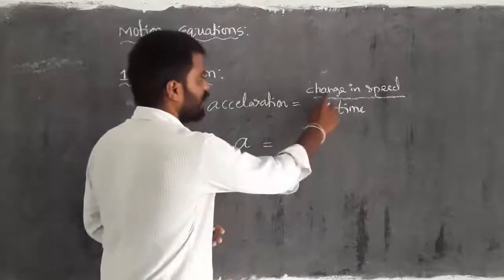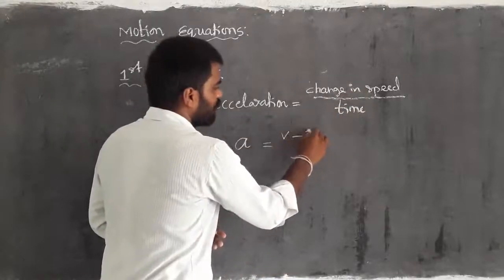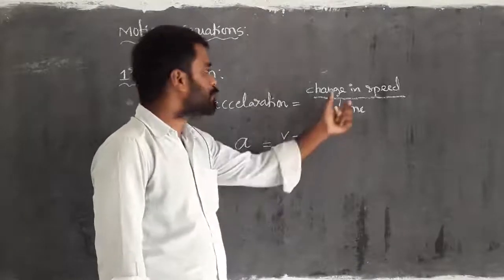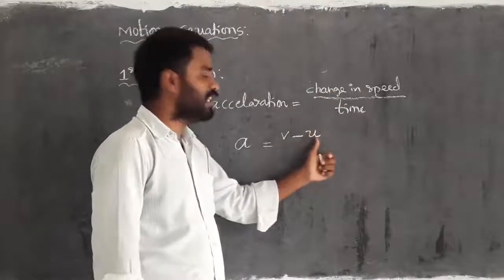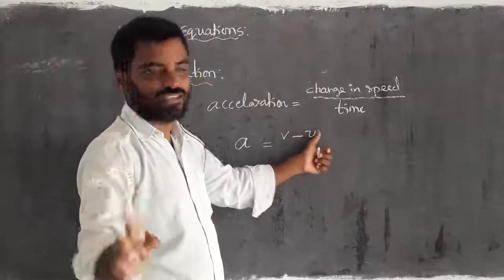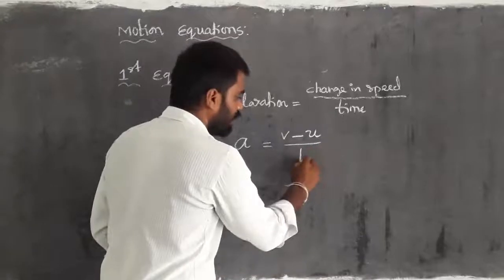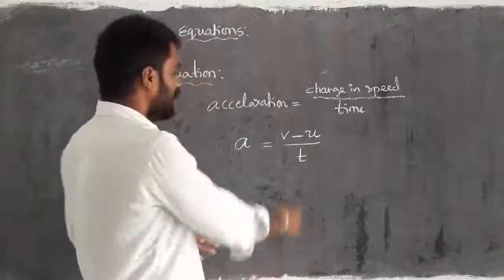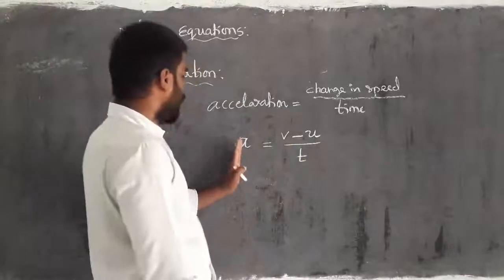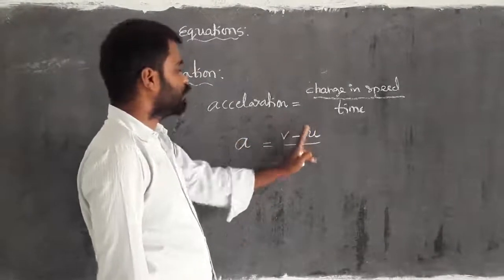For that, the change we can write like this: v minus u means the change in speed, final speed and initial speed, or final velocity and initial velocity. That we have to divide by t, the time taken for the change. So acceleration we can write as a equals v minus u by t.